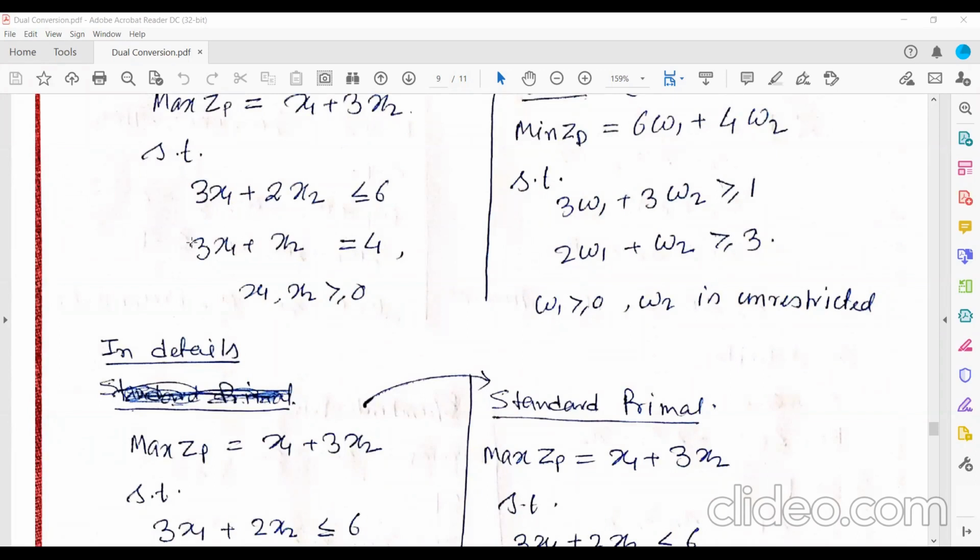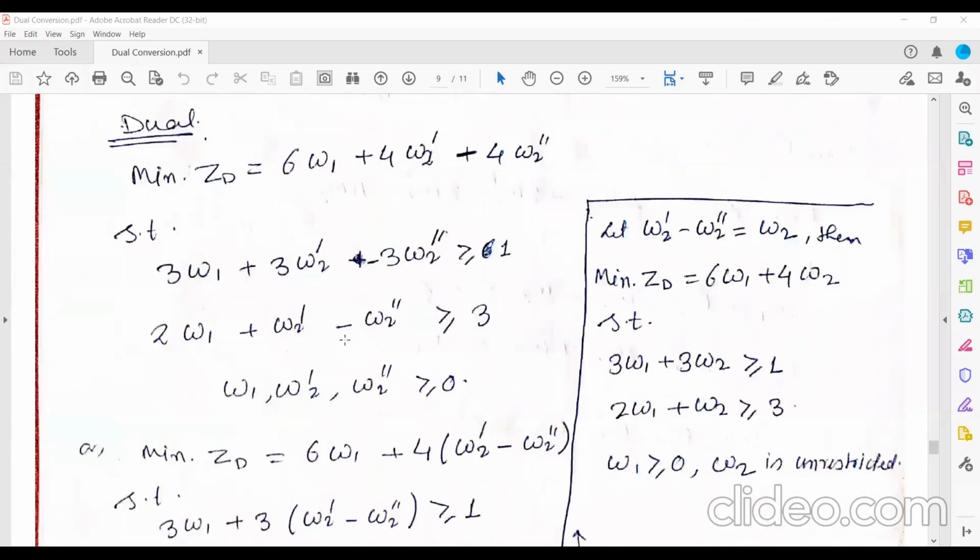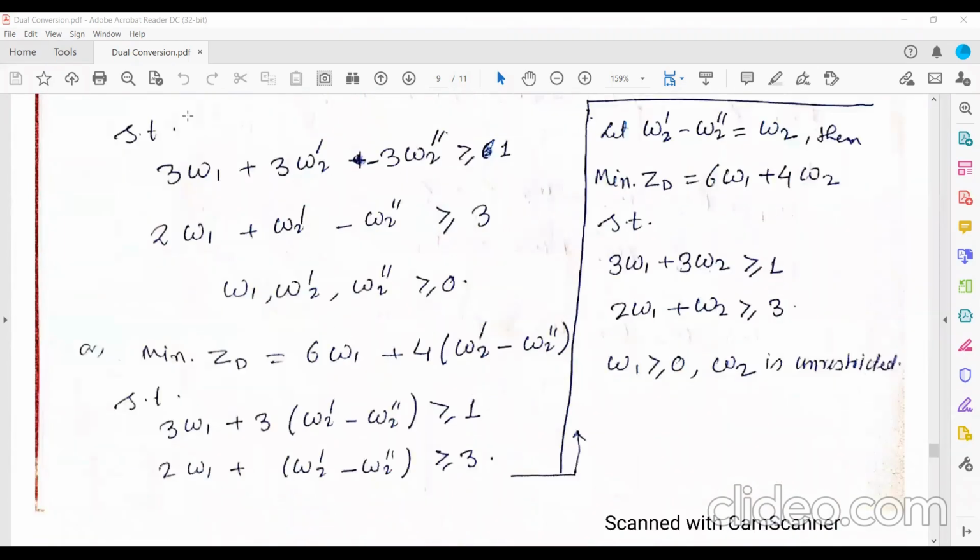So there is no change in W1, W1 should be greater than or equal to 0, because the first constraint has no change.